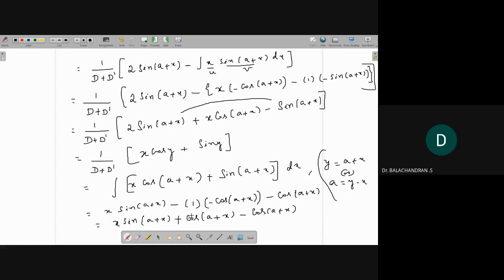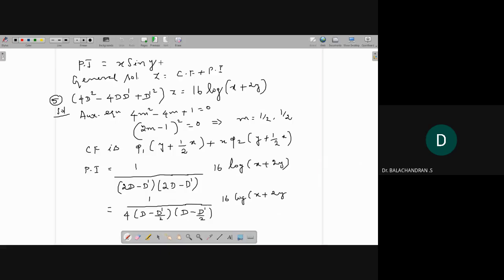Minus into minus is plus, so cos of (a plus x) minus cos of (a plus x) gets cancelled. You'll get x into sine of (a plus x), but a plus x is y. So the final answer is x into sine y.